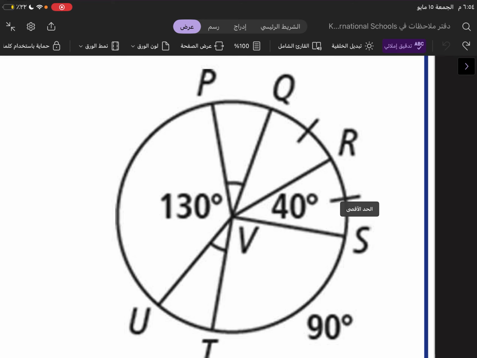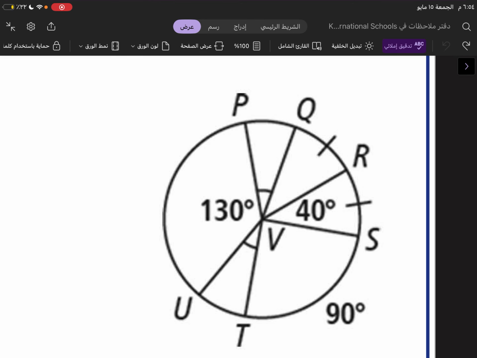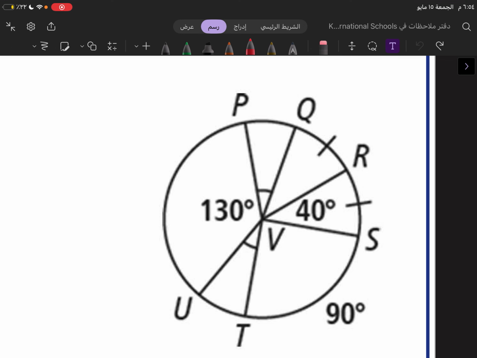We solved this example in the class, but we can do it again here. There are some signs you have to understand. This and this mean that this arc and this arc, UR and RS, are equal. Another sign we have here is that this angle and this angle are equal, which means this arc and this arc are equal also.